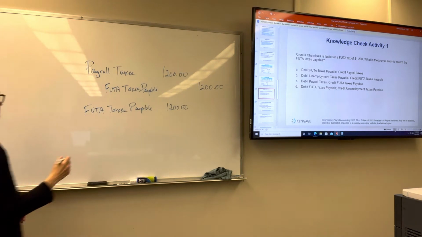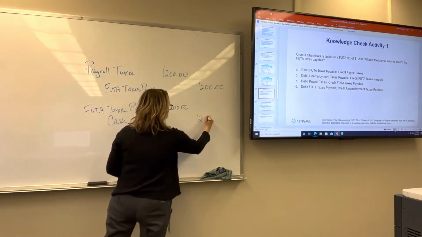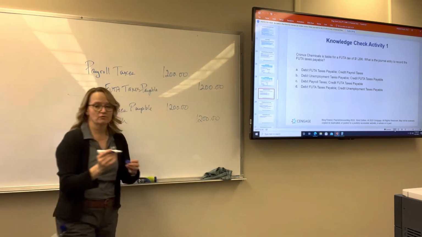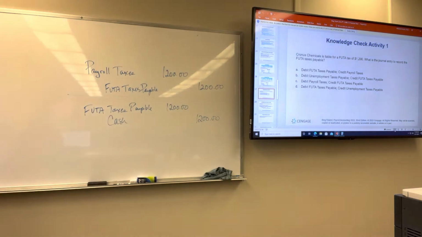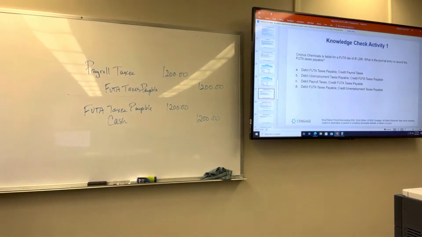Cash, right, cash. This is cash going out. We're making a payment. So these would happen at two different times, of course. If you're paying it at the same time that you're actually incurring it, then you would just do away with the payable entirely.